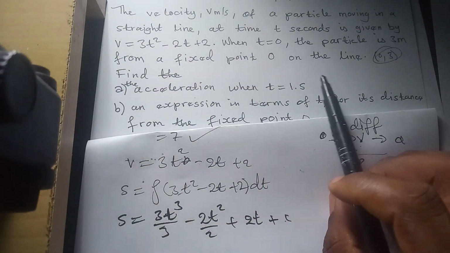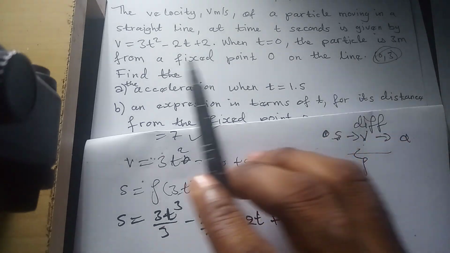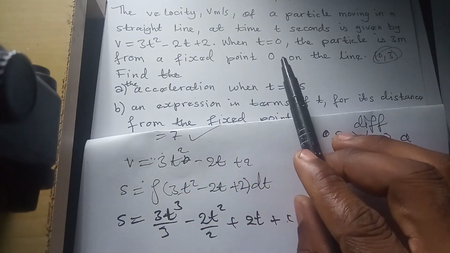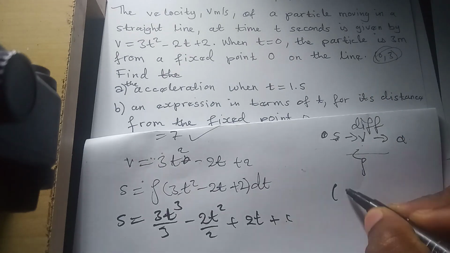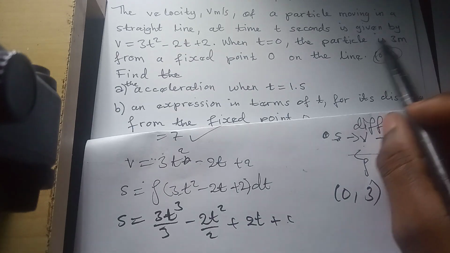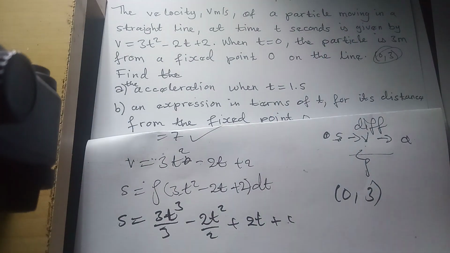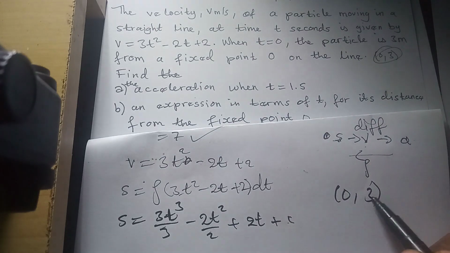So remember what we said, this particle is 3 meters from a fixed point O on the line. So that means it is passing through (0, 3). In short, when the time is 0, remember this is like the origin, our distance, which is s, is 3.